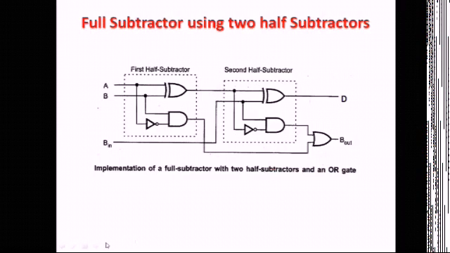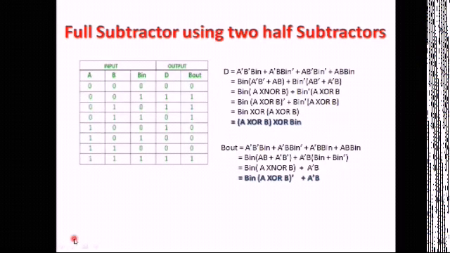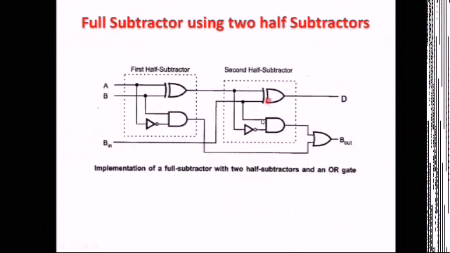Just let us go to the previous slide. Here, what was the expression? It was B out was equal to B in A XOR B whole bar plus A bar B. Now we will see how to draw the circuit. Now see, from here we are getting this one as A bar B. This is coming.